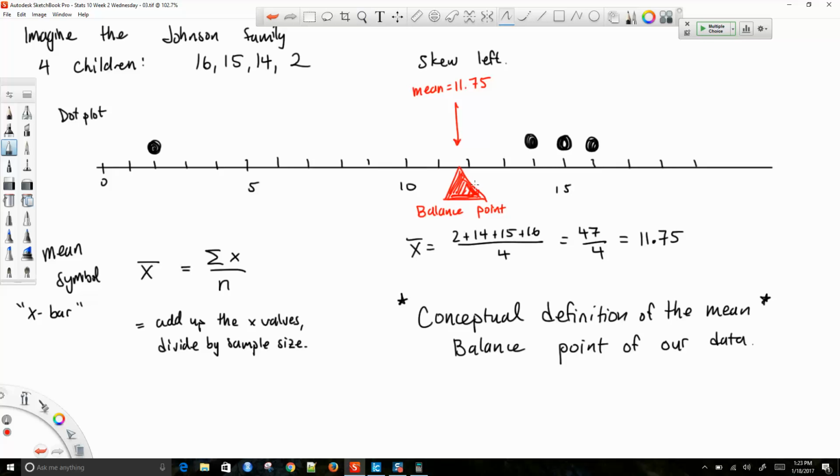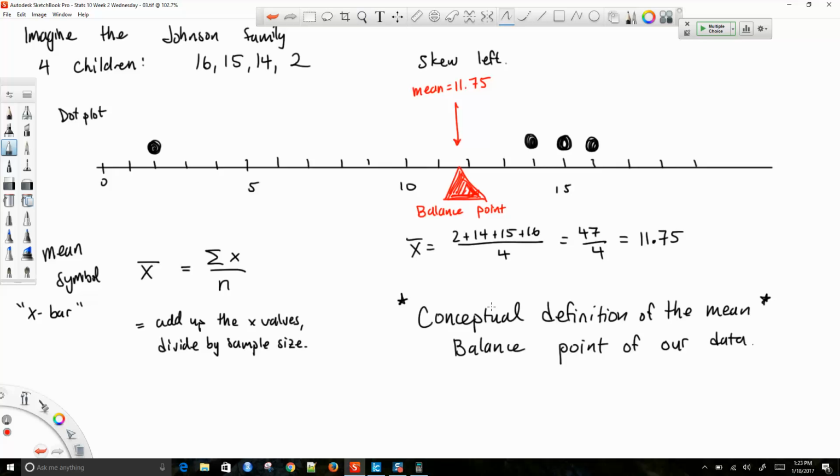Okay. Now, looking at this data, if somebody said, oh, the Johnson family, they have 4 children, and the average age of those 4 kids is just under 12 years old. Does that really tell the whole story of what's going on in the Johnson family? No, not really, right?